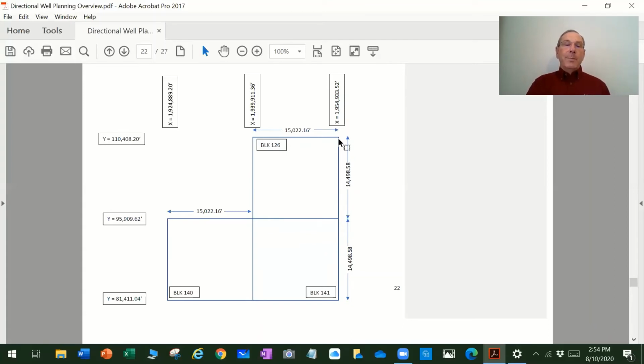So in other words, many, many years ago, the Gulf of Mexico was chopped up into a grid system that made many of these blocks 5,000 acres.